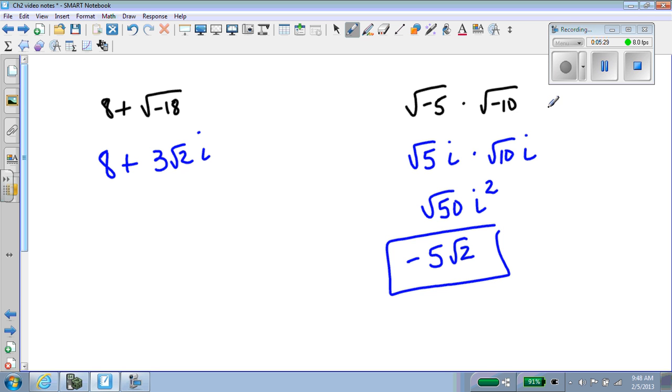Now you might have said, well, I multiplied them at the start and got the square root of 50, so I just got 5 root 2. The problem with that is because there are i's involved, this is not a legal first step. We'd have to actually extract the i's before we multiply.